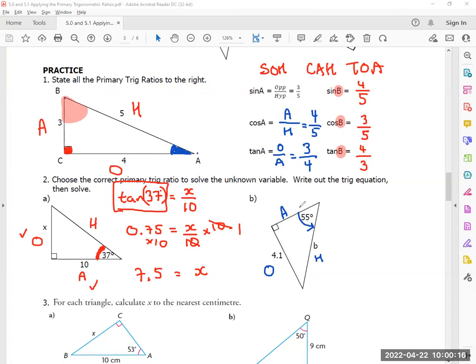Well, again, they give me no information about A. Which side do they give me? They give me O. Which side do I want? I want H. So look at SOHCAHTOA. Which of these three ratios use O and H? So I'm going to set it up. Sine of 55 degrees equals opposite over hypotenuse.